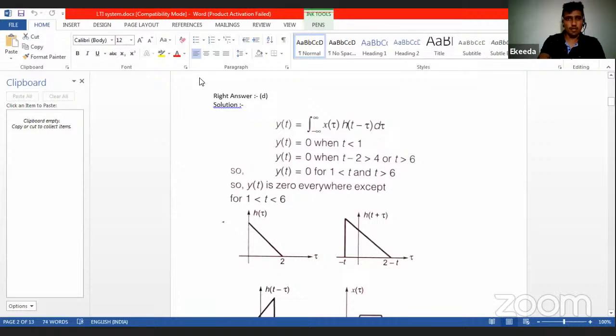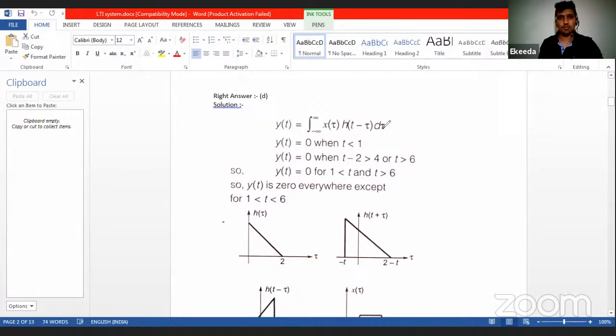This is basically how we calculate the convolution. In this, there are 2-3 things we do. This is how y(t) is calculated.